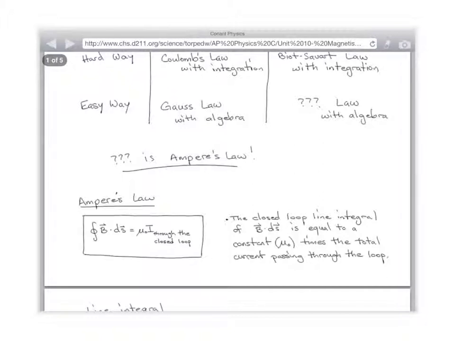All right, so it's the same basic idea as Gauss's law, except instead of doing an entire shell like you did with Gauss, we're going to just do a little loop and count the amount of current flowing through. So again, Ampere's law is the integral of magnetic field dot ds is equal to a constant times the current going through that little loop that you drew.